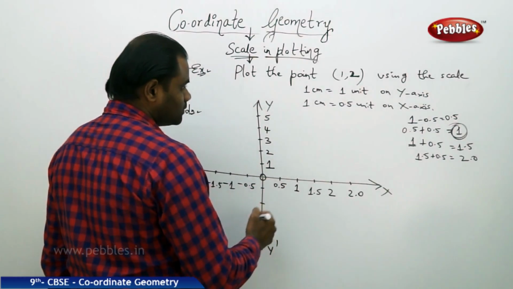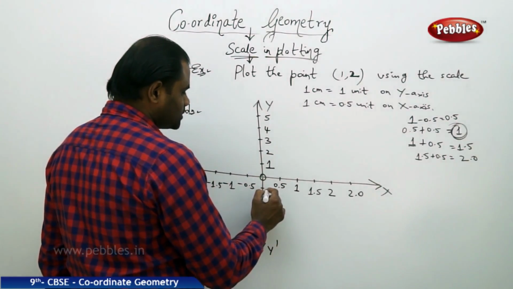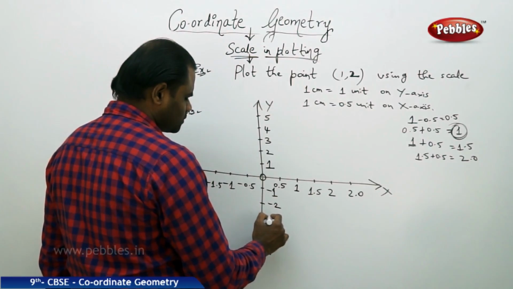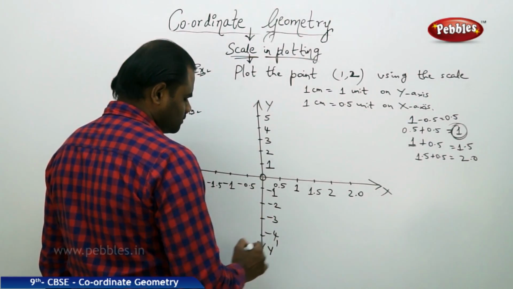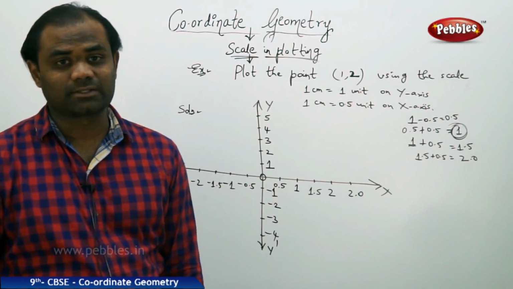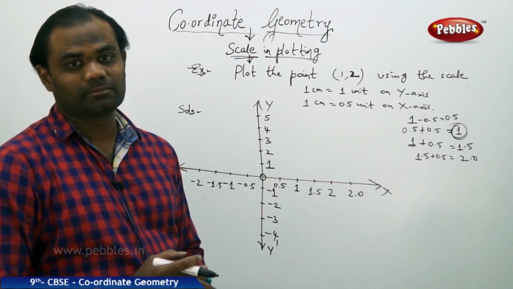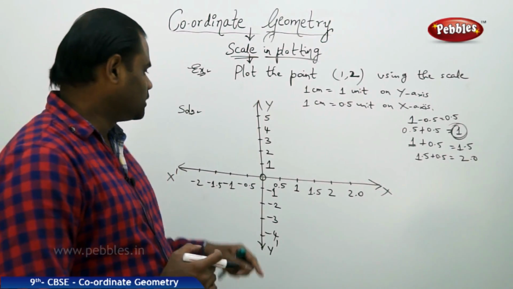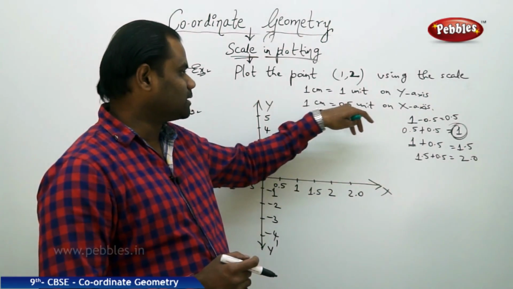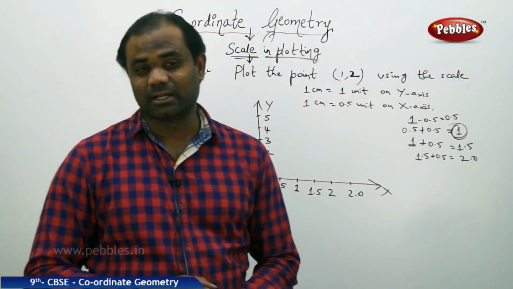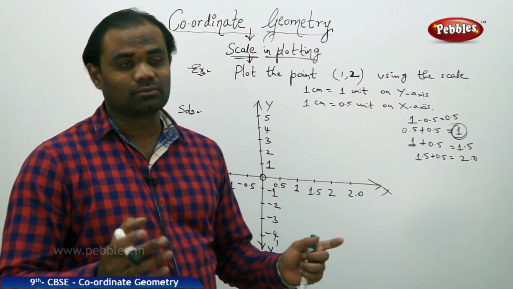And every unit down is referred as minus 1, minus 2, minus 3, minus 4, etc. This is how we get the different grids out here. So scaling on x-axis is done with 1 centimeter equals 0.5 units, and scaling on y-axis is done with 1 centimeter equal to 1 unit.